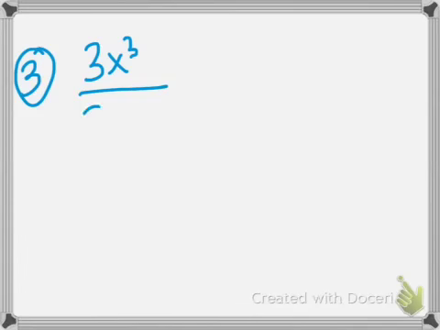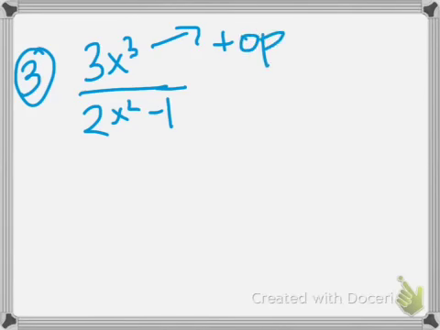you have is, well, let's just think about it. We had bottom heavy, we had equal, so now it's time to do top heavy. So if you have 3x cubed over 2x squared minus 1, well this one is obviously the numerator's degree is higher, so we call this top heavy.